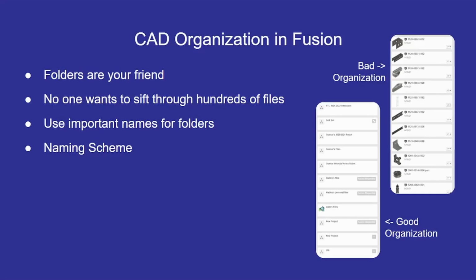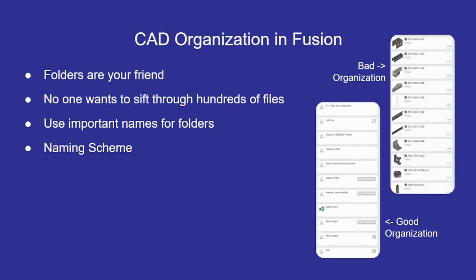As for organization, I'll show you a little more once we hop into Fusion, but folders are great. No one wants to be sifting through hundreds of files trying to find something. Use important names in order to know what's in a folder, and have a common naming scheme.